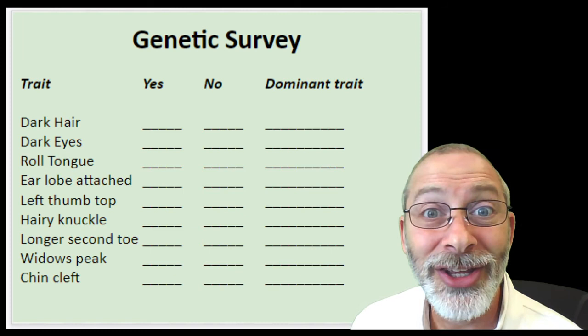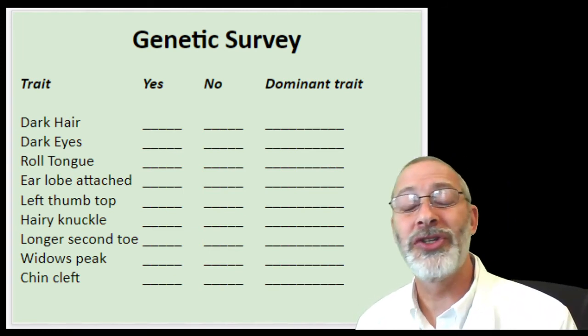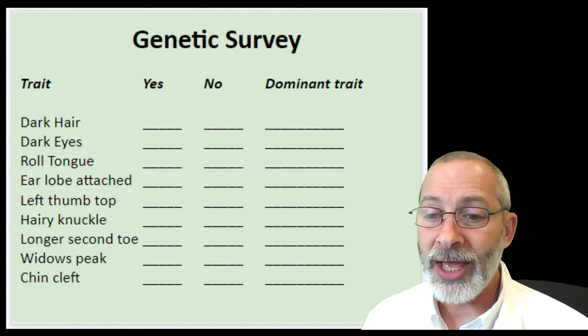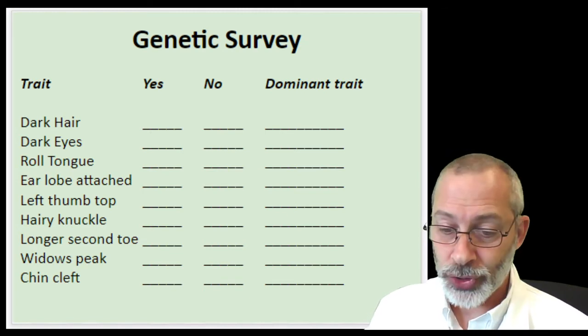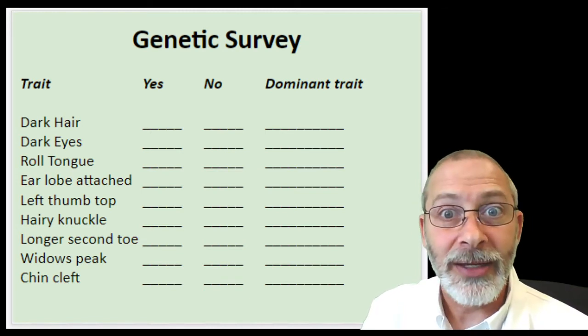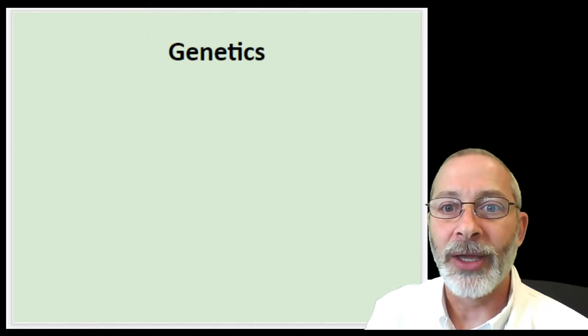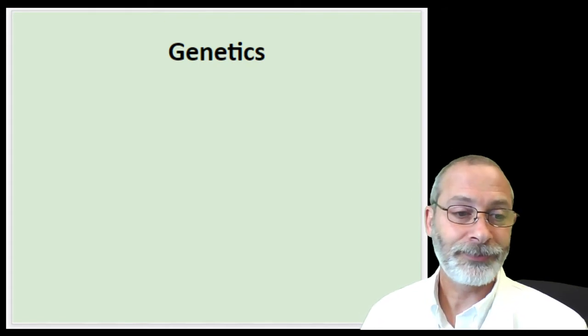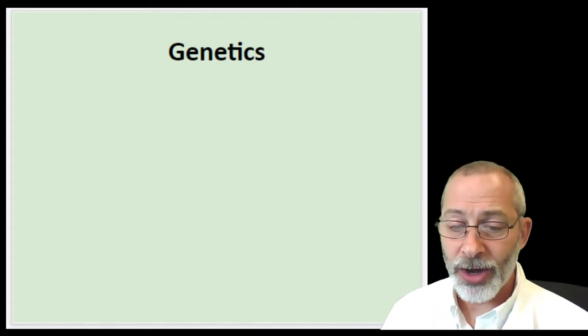All right, very interesting results of our first genetic survey. Let's now move on to the meat of the material of this topic, which is, in fact, genetics. So what are genetics?